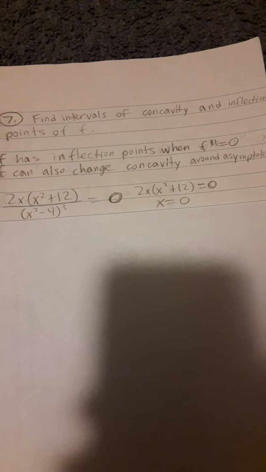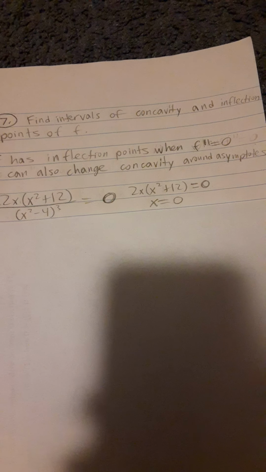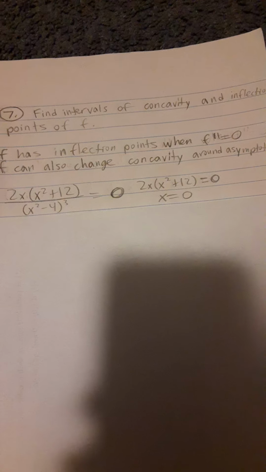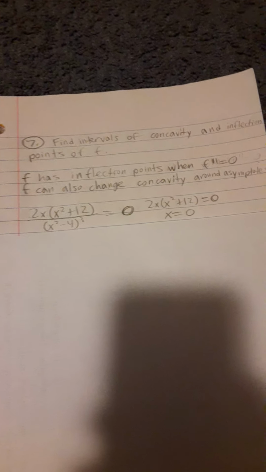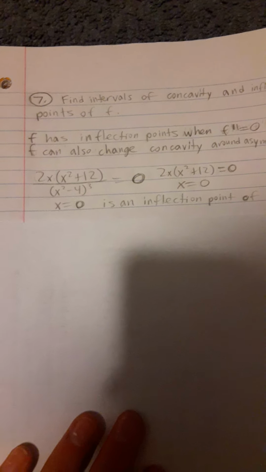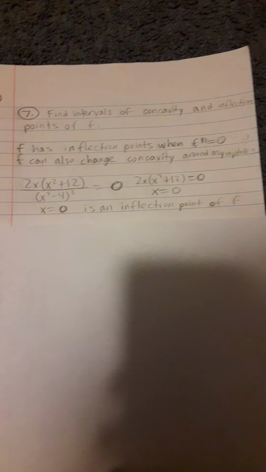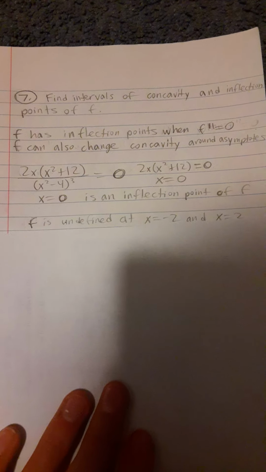And since the second term of the numerator is always going to be positive, the only inflection point is going to be when x is equal to 0, because it's got that first term 2x, and when you plug in 0, that'll be equal to 0, and 0 times anything gets you 0. So x equals 0 is an inflection point of f.